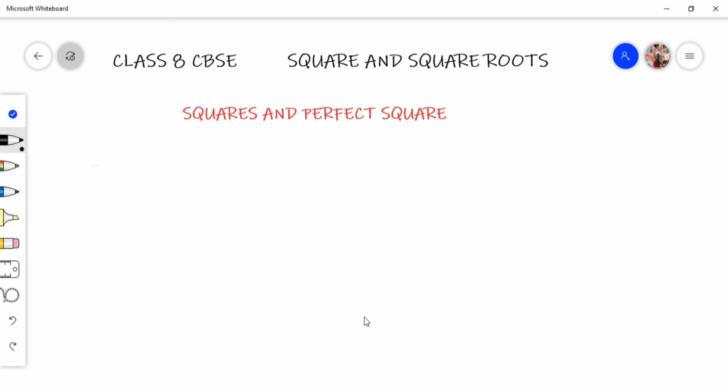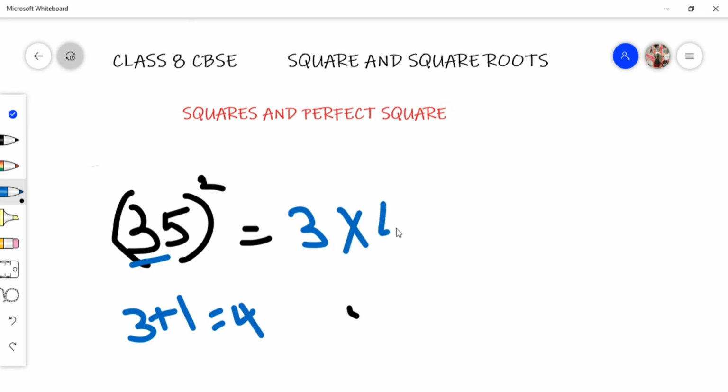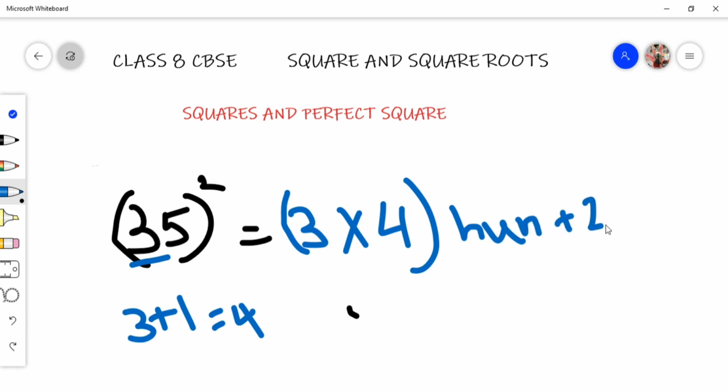So you can take the example of 35. 35 by 10, that is 3, and 3 plus 1, that is equal to 4, into 4, 100, plus 25. 25 will not change, it will remain the same.